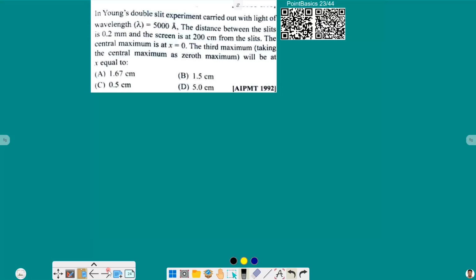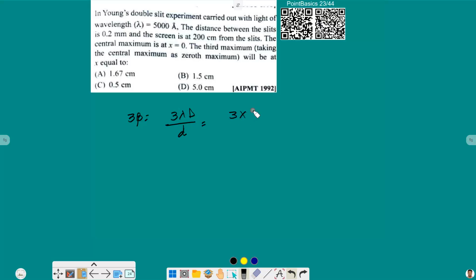Now moving to the next one. In Young's double slit experiment carried out with light of wavelength 5000 angstrom, the distance between the slits is 0.2 mm and the screen is 200 cm from the slits. The central maxima is at x equal to 0. The third maxima, taking the central maxima as the 0th maxima, will be at x. So we have to calculate the third maxima distance, and that will be equal to 3 times beta from the central maxima, and that will be 3 times lambda D by d.